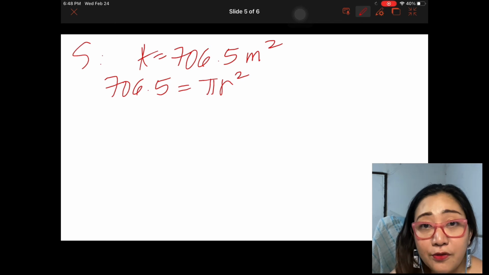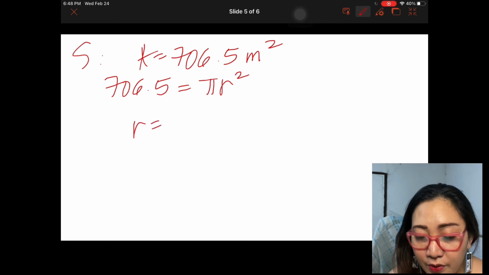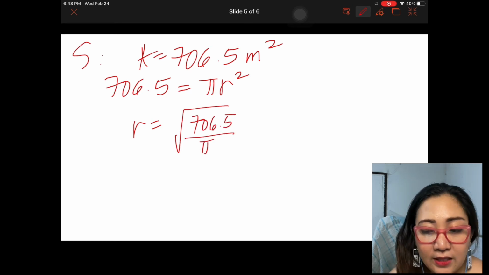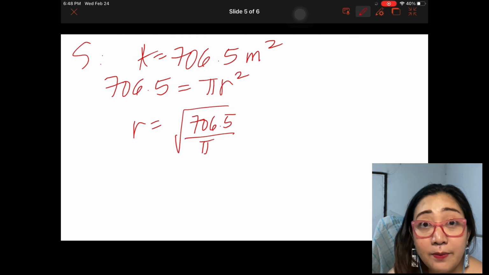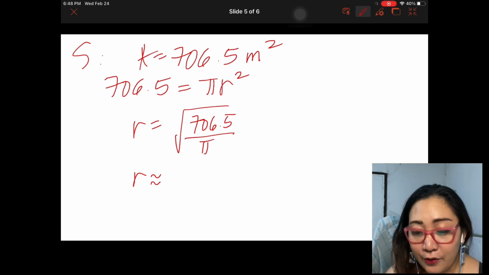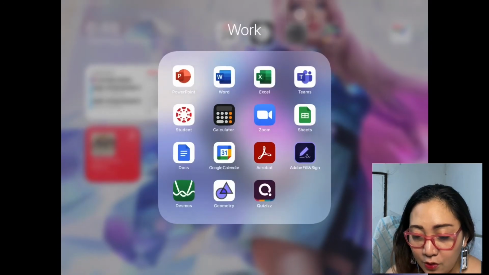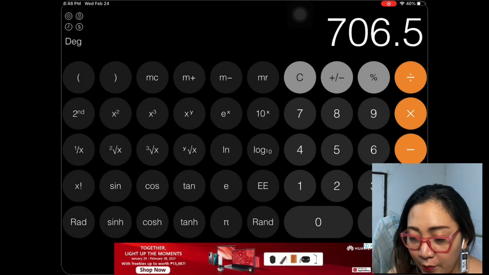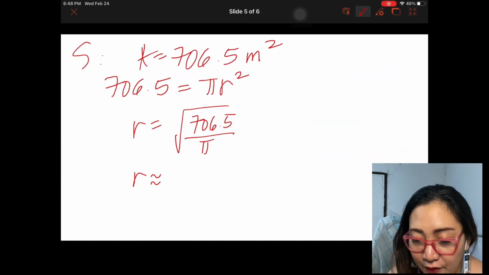So, how do we solve for r? Your r is going to be the square root of 706.5 over pi. At ang pi po natin gagamitin ay 3.14. So, your radius will only have an approximate value for your radius. Okay? So, mag-calculate tayo gamit ang ating mahiwagang calculator. So, that's 706.5. Teka, i-check ko muna kung tama yung values ko, hane.